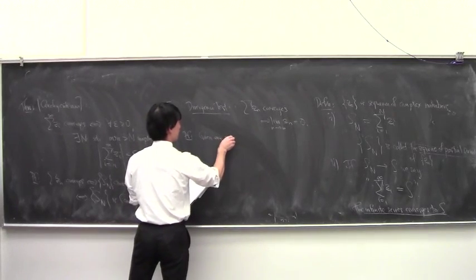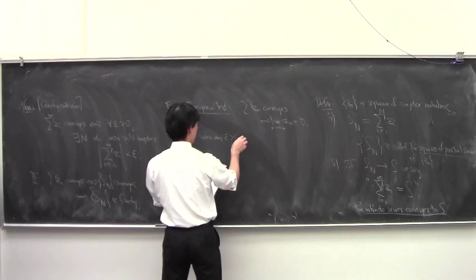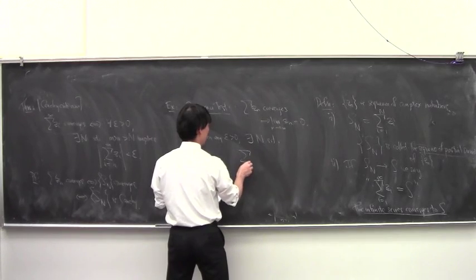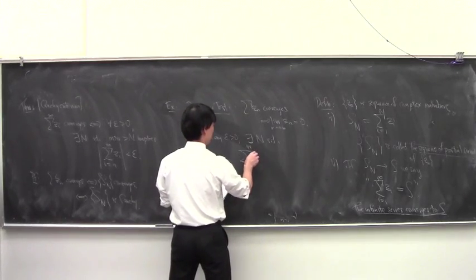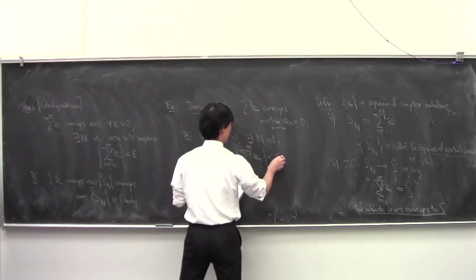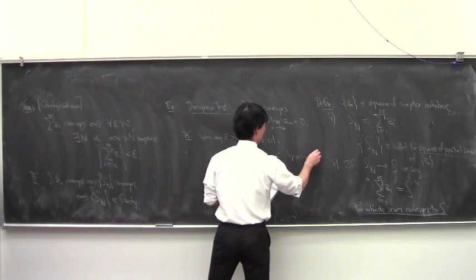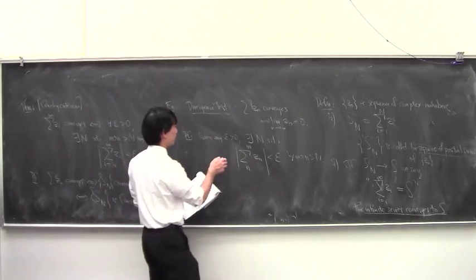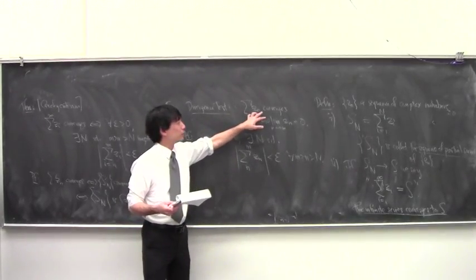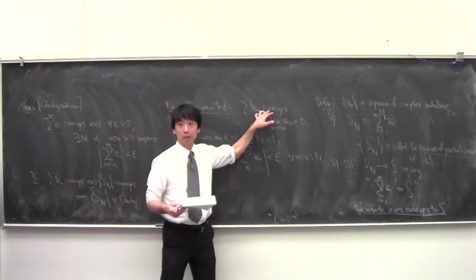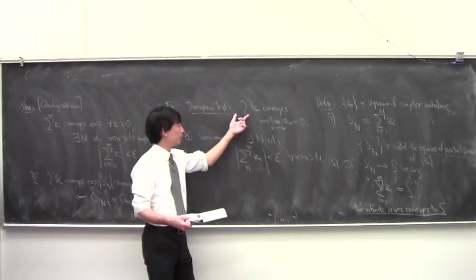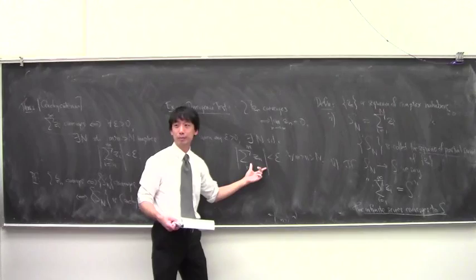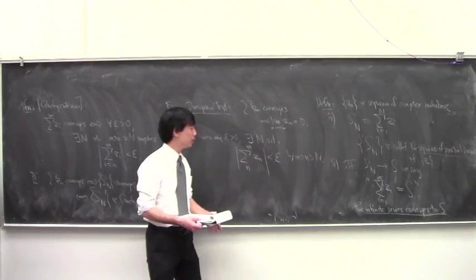Given any epsilon, we know by the Cauchy criterion that there exists an N such that the sum from n to m of z_n is smaller than epsilon, for all m and n bigger than N. So if the series of z_n converges, then it satisfies the Cauchy criterion, and so we know that given any epsilon, there's a time past which all the partial tails are small.